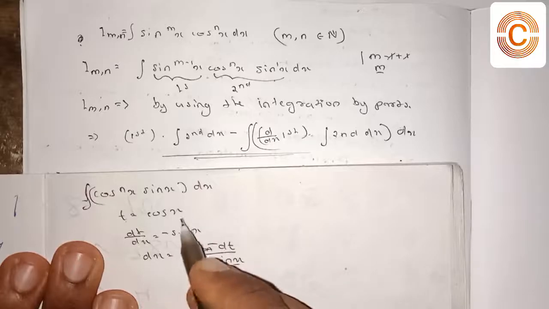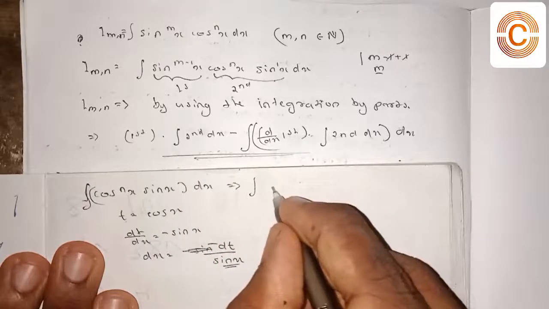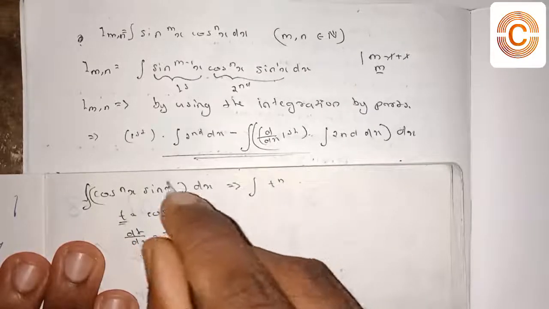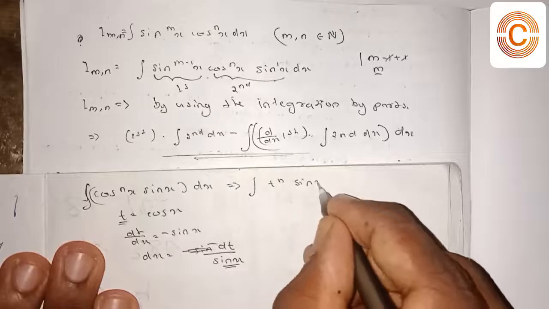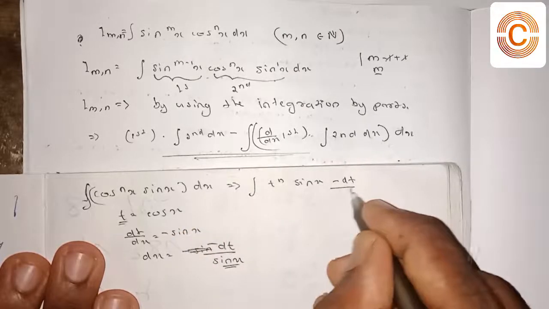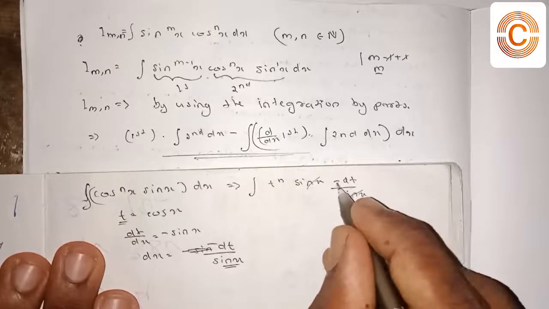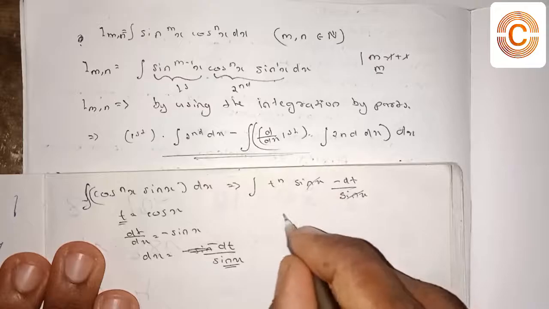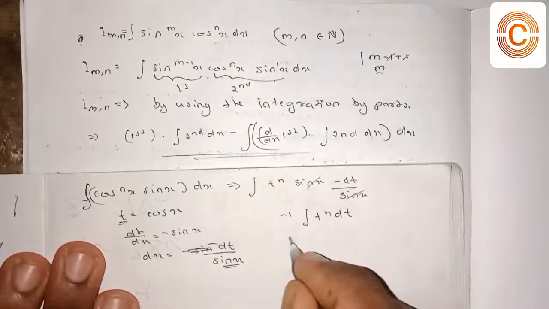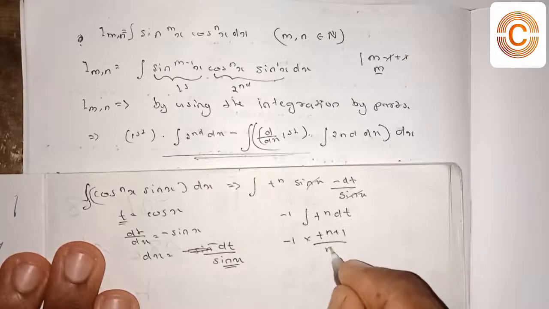Putting these values in this equation, the integral of cos raised to n x becomes t raised to n into sin x into dx, where dx equals minus dt divided by sin x. The sin x and sin x cancel, and the minus 1 is taken outside, that is minus 1 into the integral of t raised to n dt, which equals minus 1 into t raised to n plus 1 divided by n plus 1.